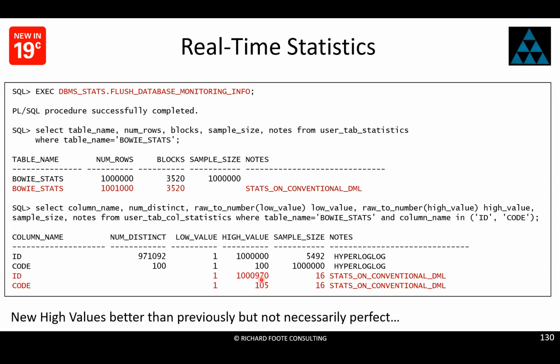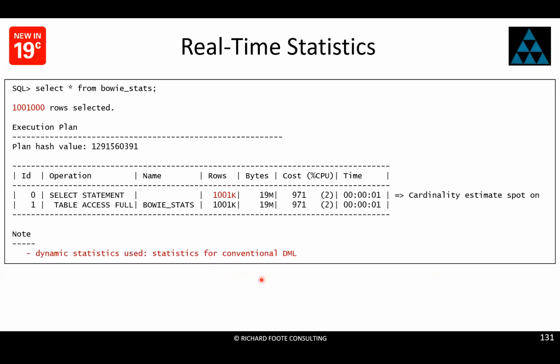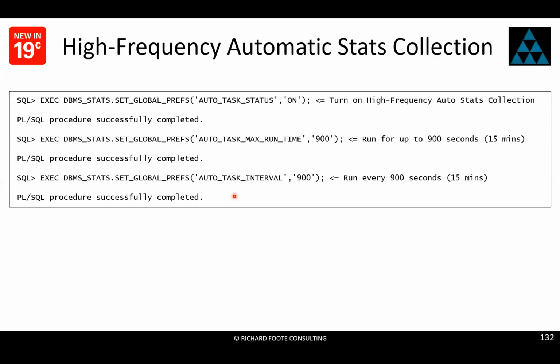My understanding is that in the future, Oracle is aiming to get this value spot on as well, to the point where maybe you could use it to say what my maximum and minimum values are. You're not at that point yet. But the nice thing is when I run my new query, I'm getting the correct analysis. Because remember, I need to know what the percentage of my data is, and things like number of rows are all critical bits of information.